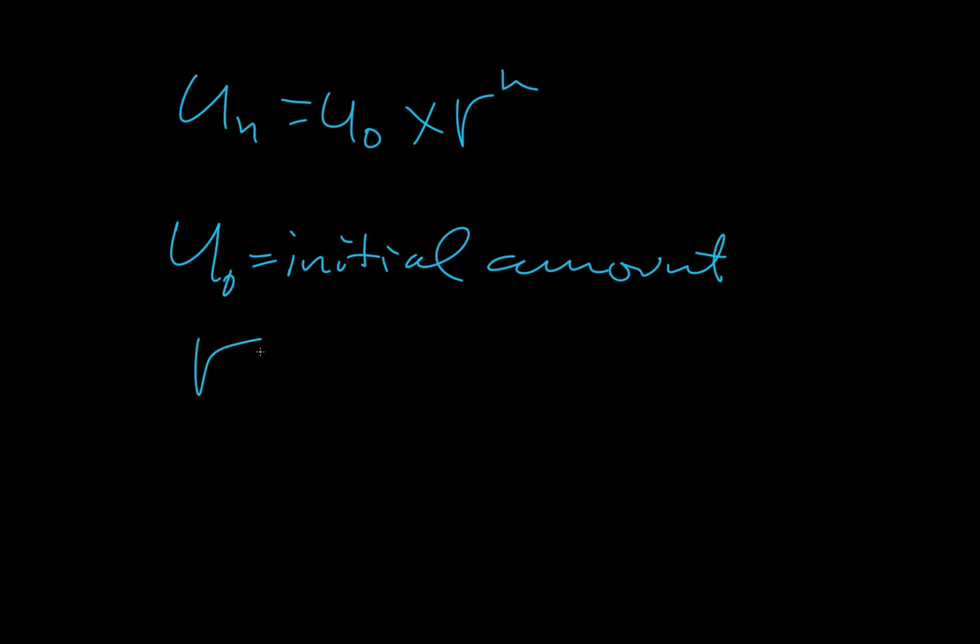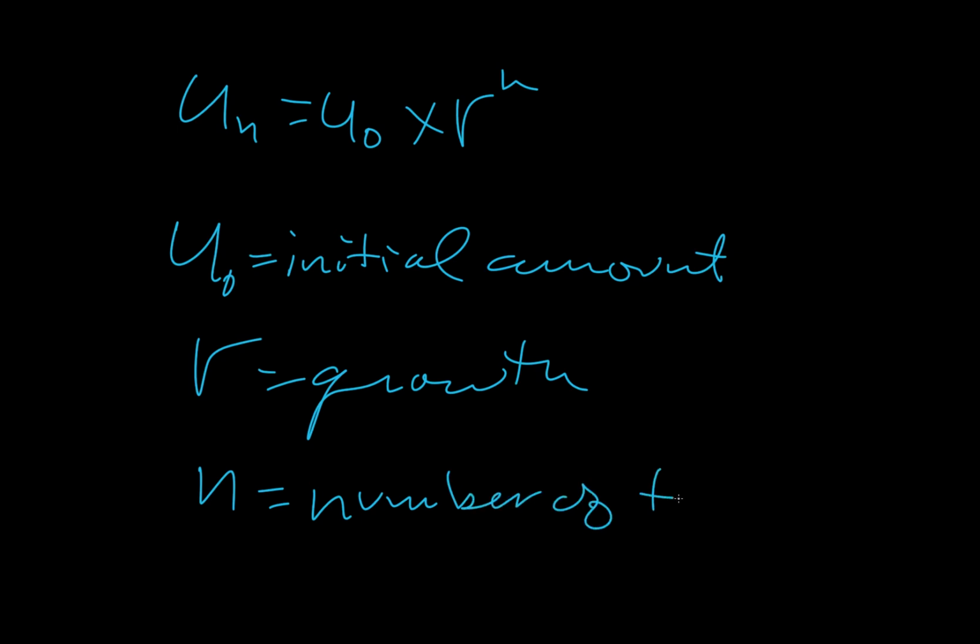R is the growth, and N is the number of time periods. Often it's years, but we'll see what it is in the problem. And U sub n is the amount after n time periods. So it's like the final amount.